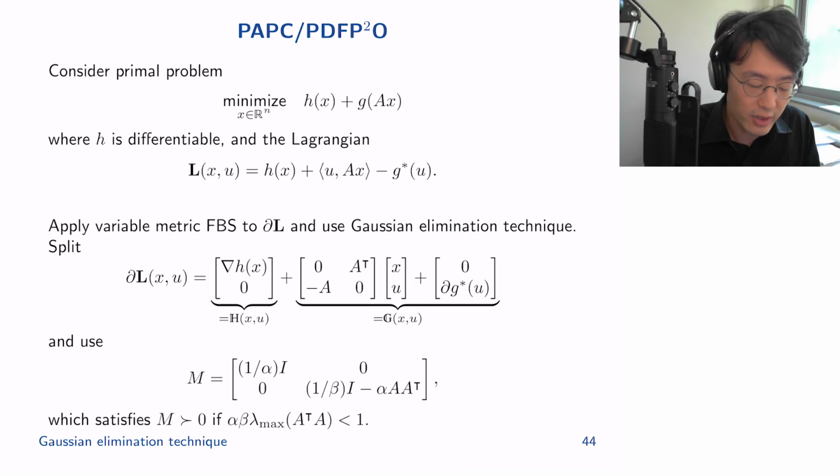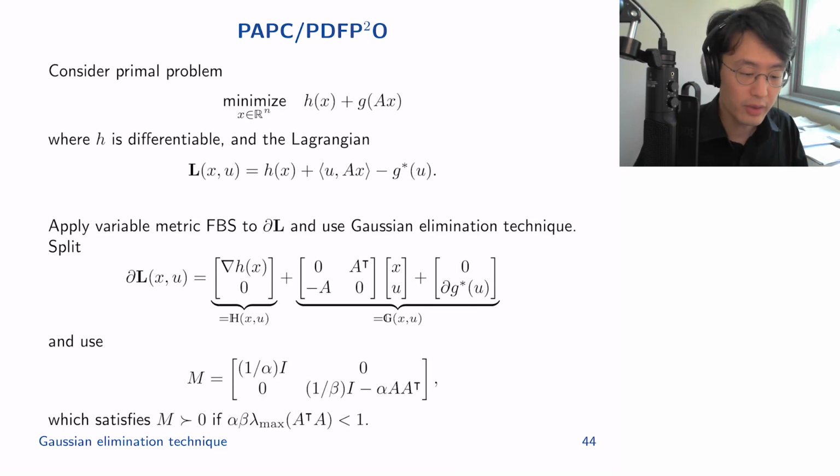So the saddle subdifferential has this skew symmetric term, and then it has the gradient and the subdifferential operators, but we will put the subdifferential operator with respect to g star on this side, and we will refer to this operator as big G. And then the gradient operator with respect to h, we put that here, and we will refer to this operator as big H. In this setup, we will be using the metric matrix M of this form, which is block diagonal, although not being exactly diagonal.